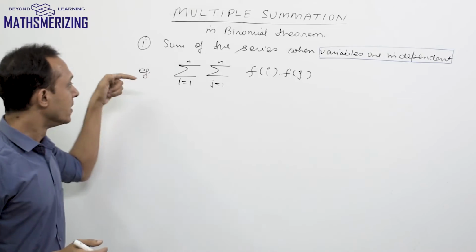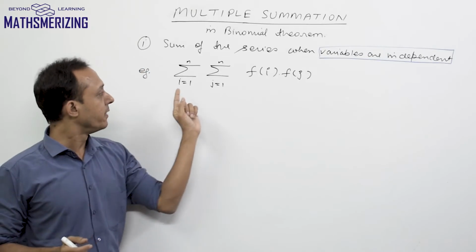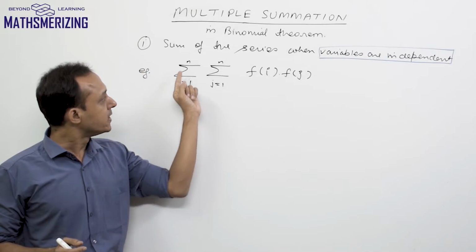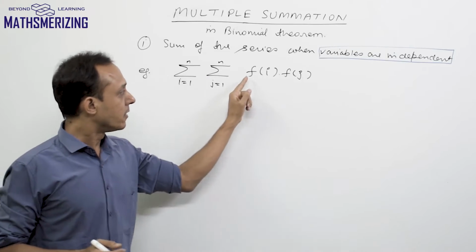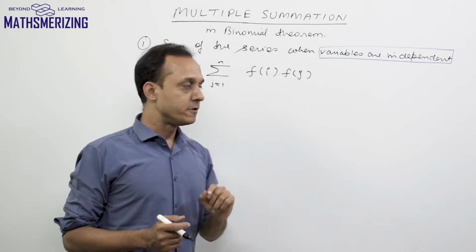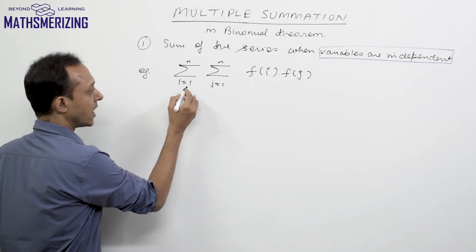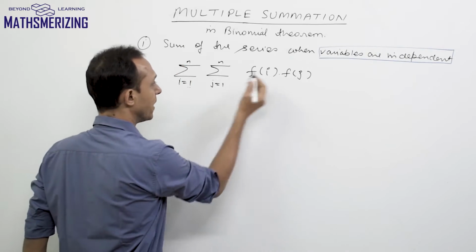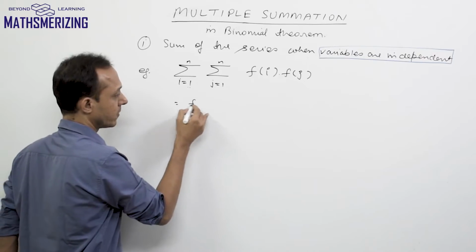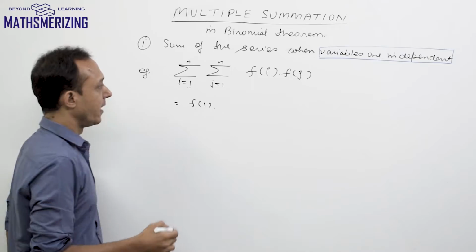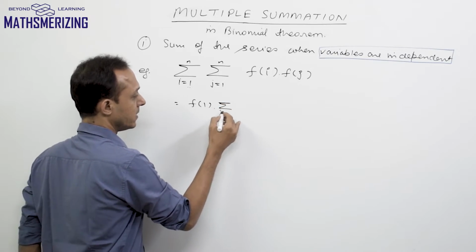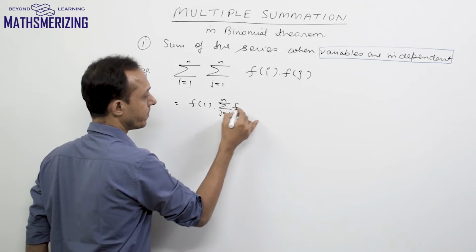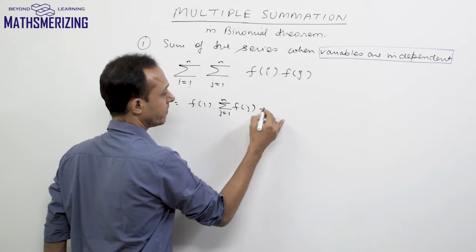Say for example, suppose I have this double summation where the value of i varies from 1 to n and the value of j varies from 1 to n, and it's a product of fi into fj. So what I'll do is, I'll start putting the value of i. If I put i as 1, I'll get f1, and then this summation, j varies from 1 to n, of fj.